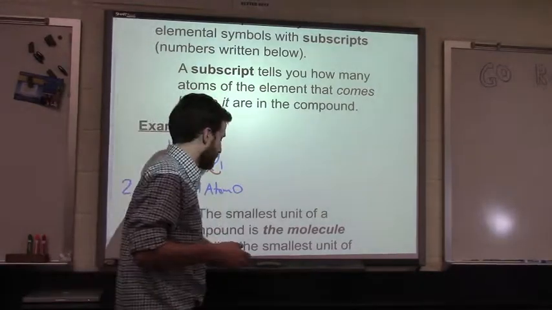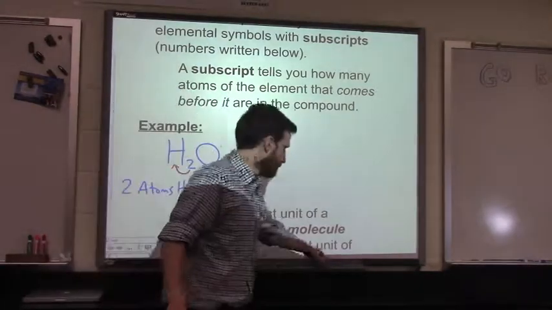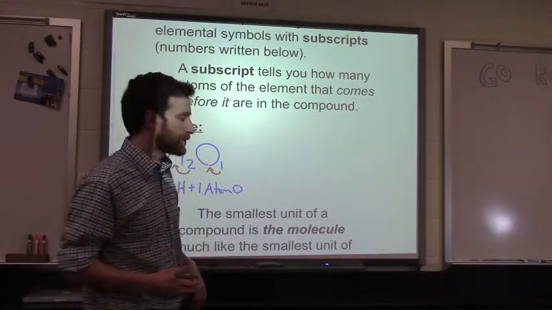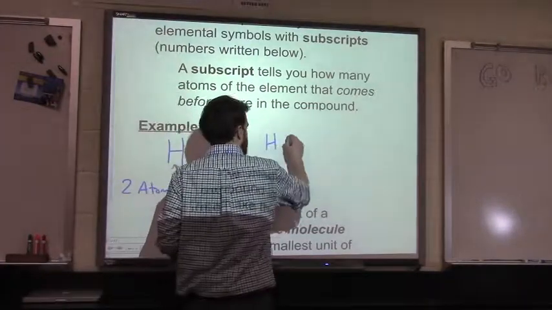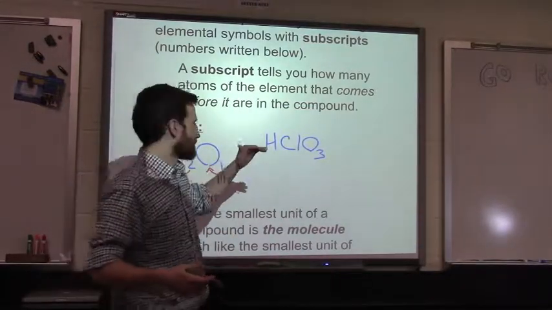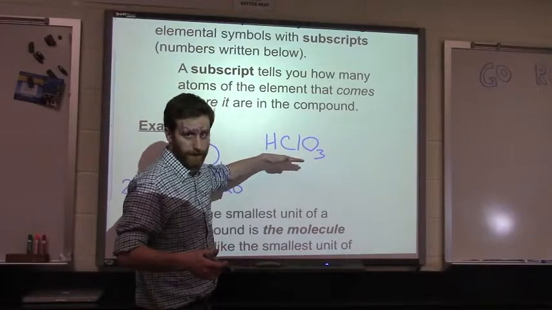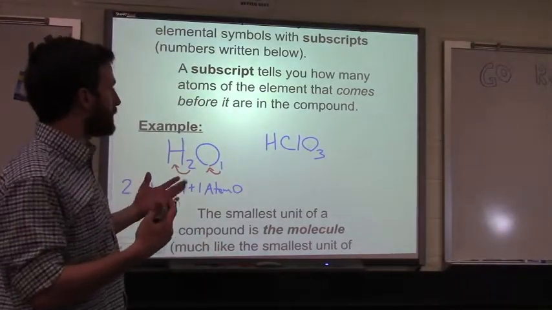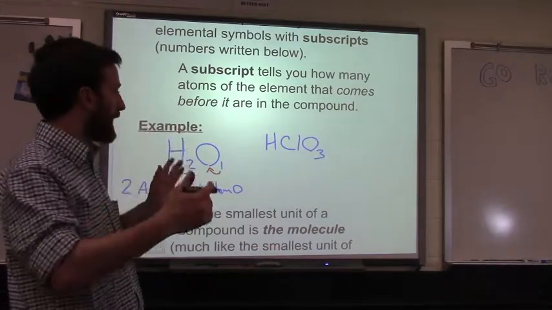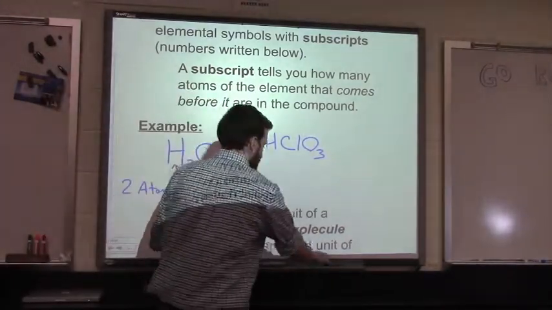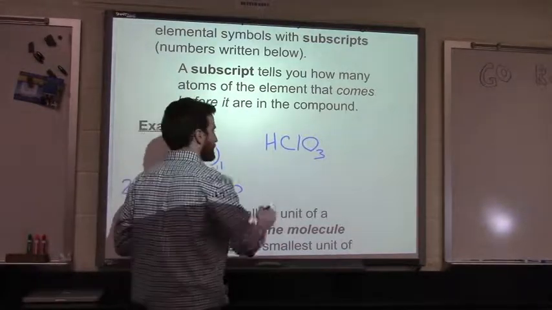So let's look at another one of these examples. Let's look at what makes up bleach. What makes bleach bleach? That's HClO3. So again, if I just want to look at the formula of this compound, and determine how many atoms of each element are in this compound, right off the bat, I'll just write in the invisible ones.